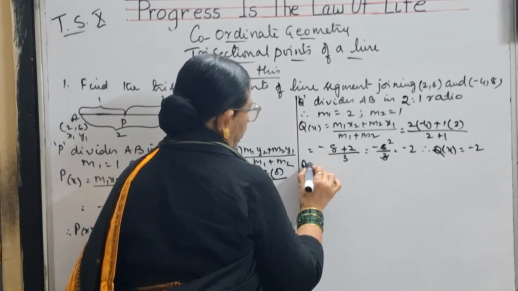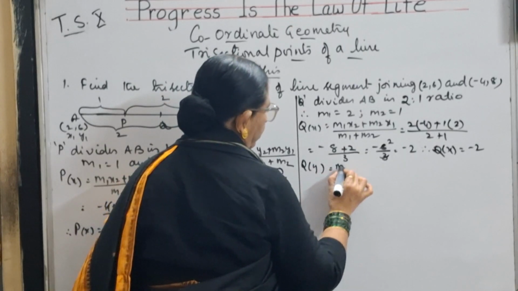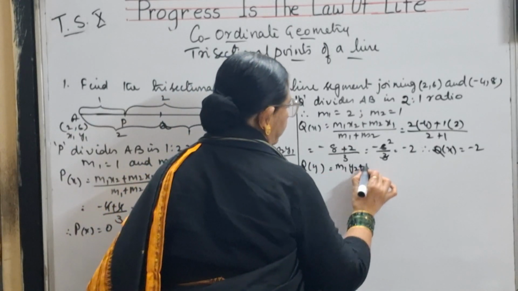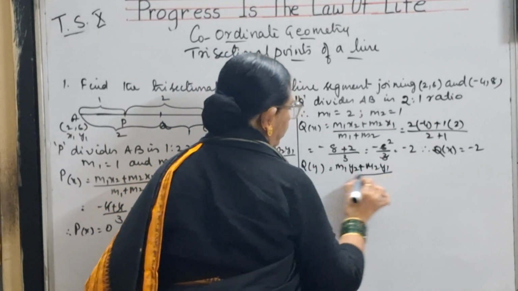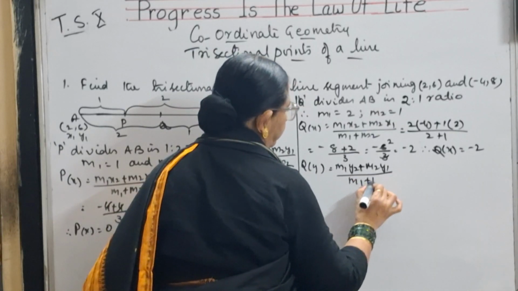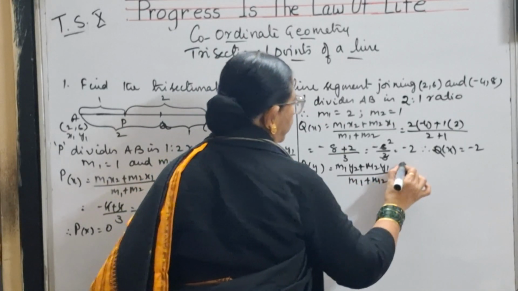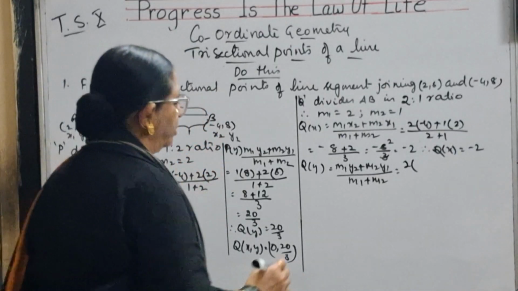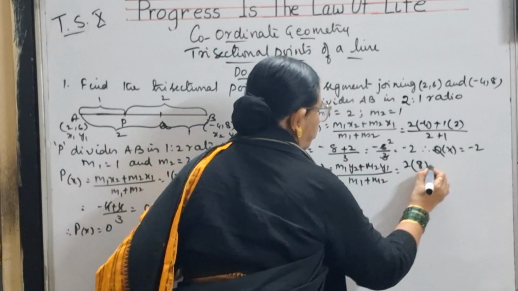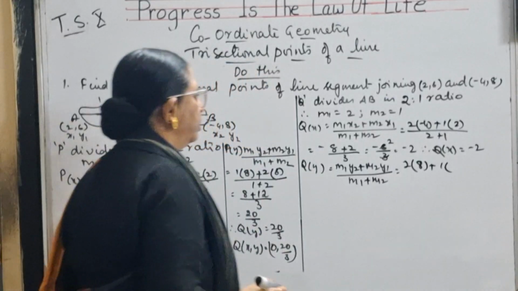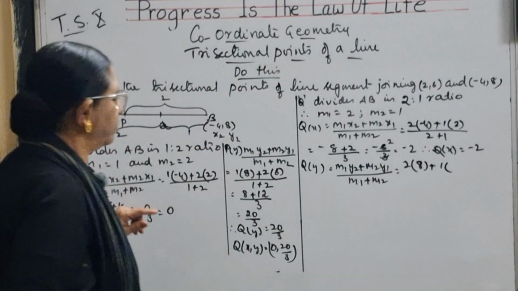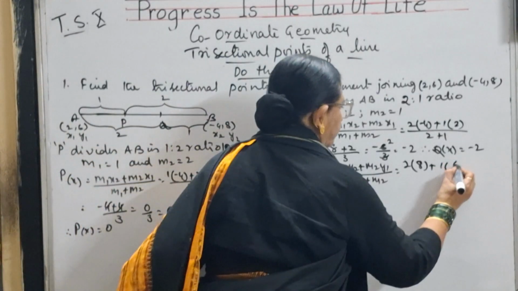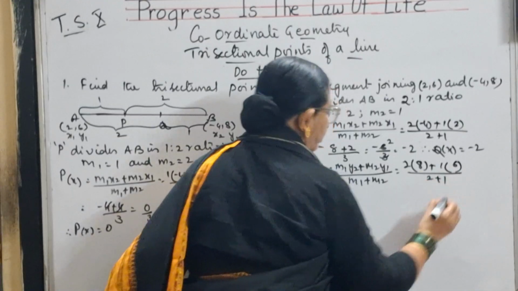Now Q of y, (m1 y2 plus m2 y1) by (m1 plus m2). So m1 is 2 into y2. What is y2? 8, plus m2 is 1 into y1, 6, by 2 plus 1.